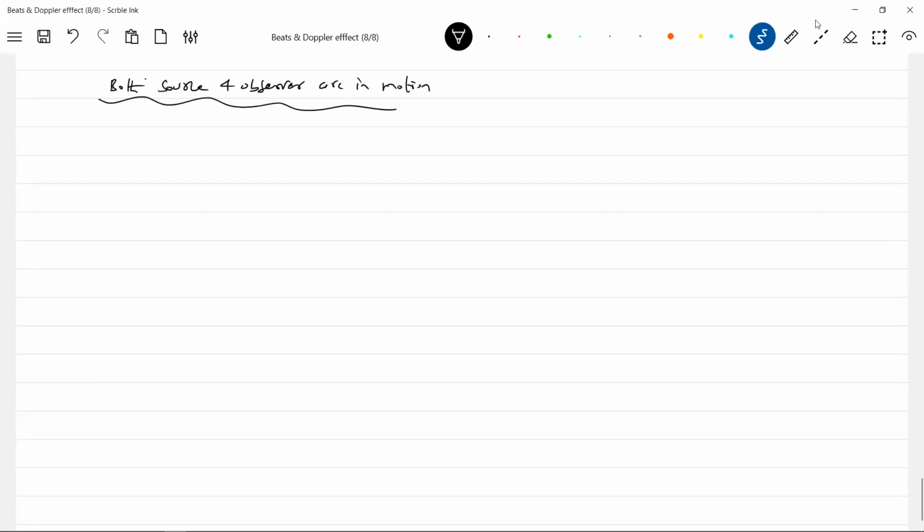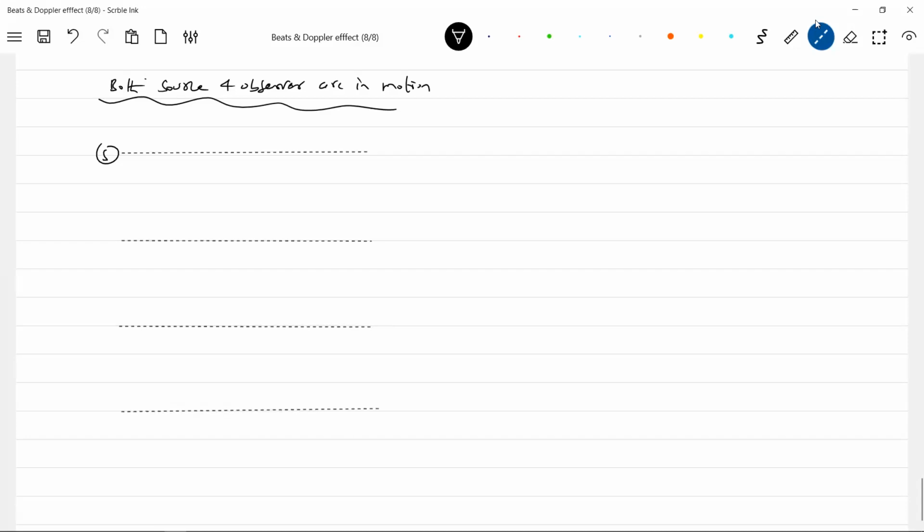Are in motion. So this is the source. Let me put all the cases here only. Source. This will be an observer or detector. Both are same. First case, source and observer are moving towards each other.